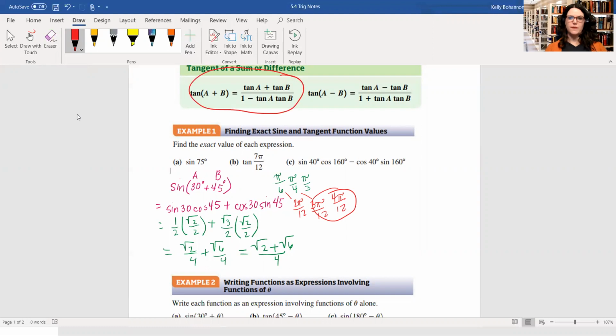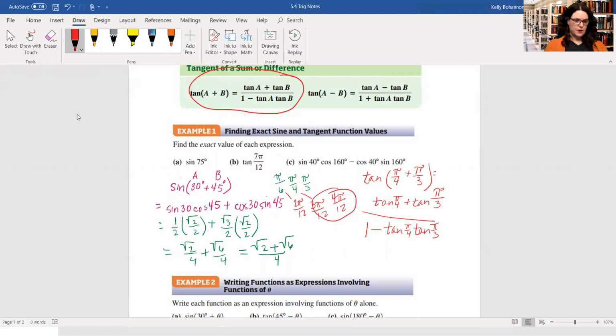That'll be tangent of pi over 4 plus pi over 3, and that's going to be tangent pi over 4 plus tangent pi over 3, over 1 minus tangent pi over 4 times tangent pi over 3.